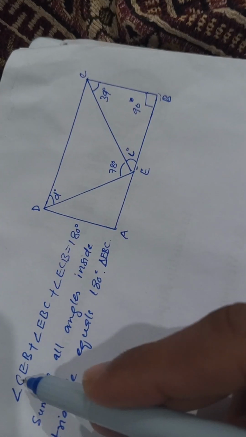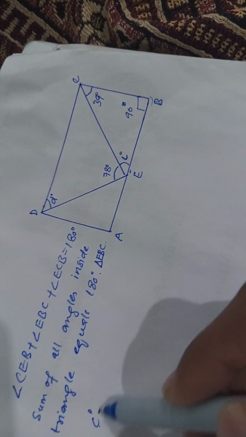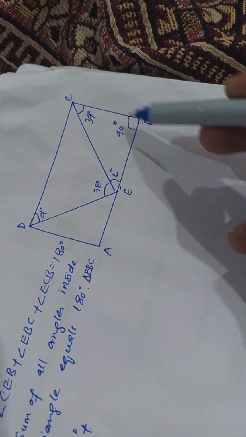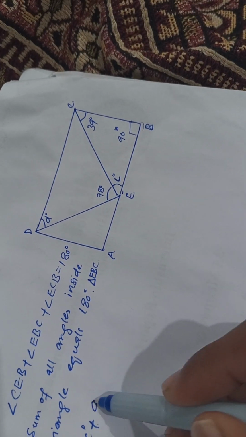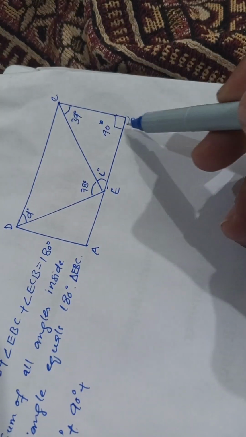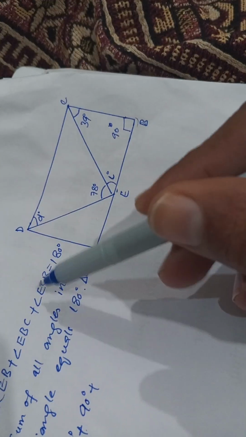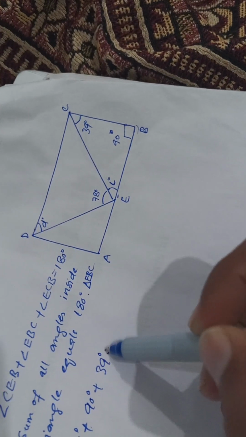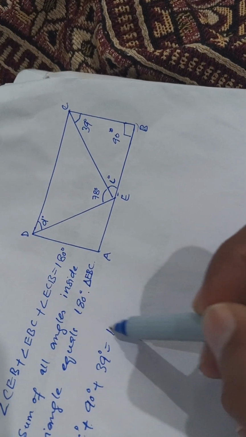So instead of writing CEB, I'll write c degree, plus, instead of EBC, 90 degree, plus, instead of angle ECB, 39 degree. It equals the same 180 degree.